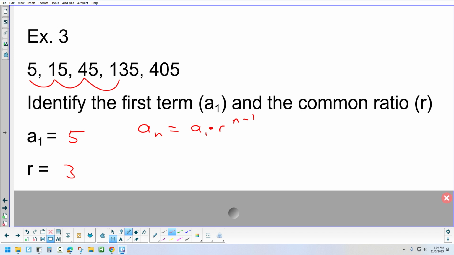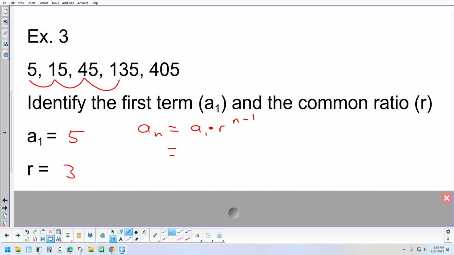And what would we fill in for the A1? Well, Micah, what would I fill in? 5. Yep, it would be 5. And what would I fill in for the R? 3.